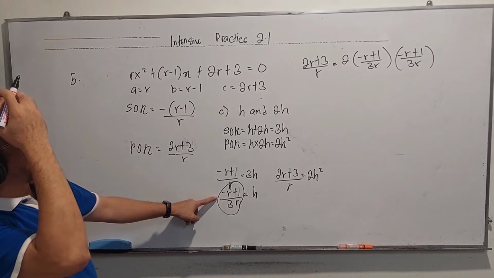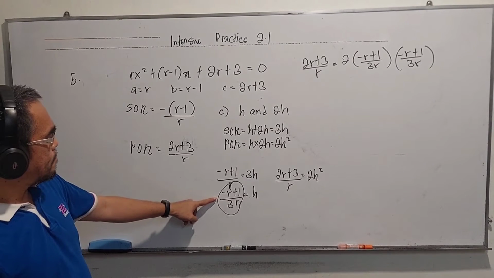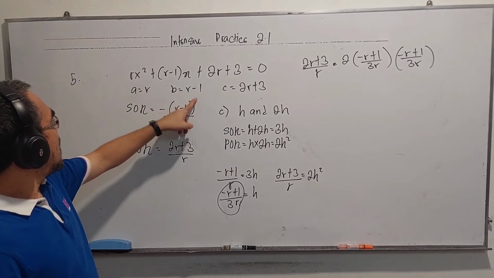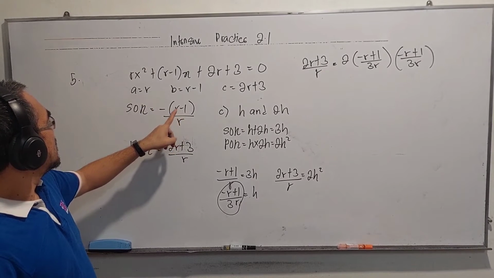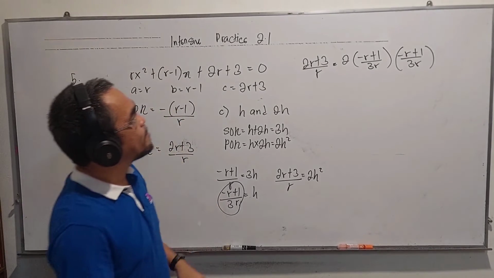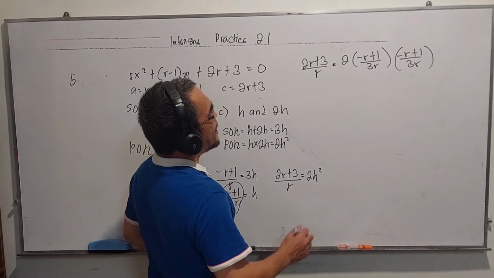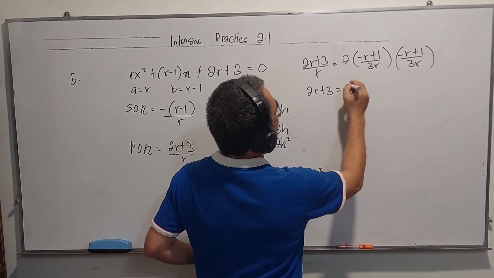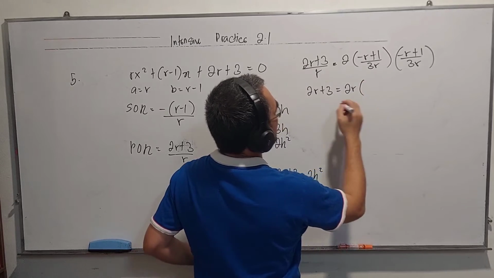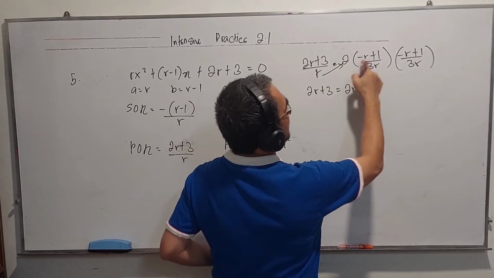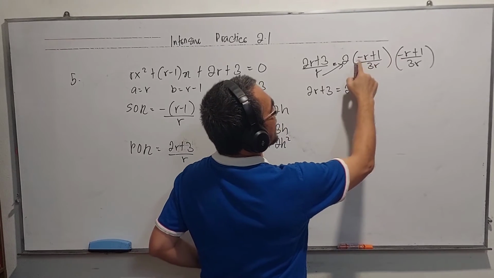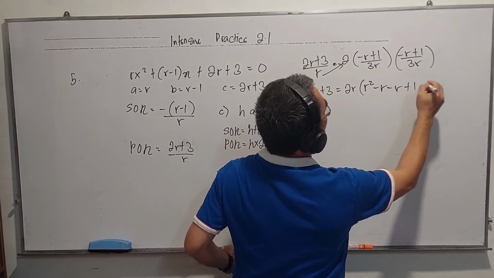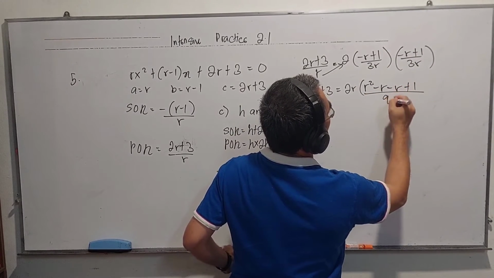Let's review. 2r plus 3 over r equals 2 times the expansion of negative r square, negative r times 1, negative r, 1 times negative r, 1 times 1 is 1, over 9r square.